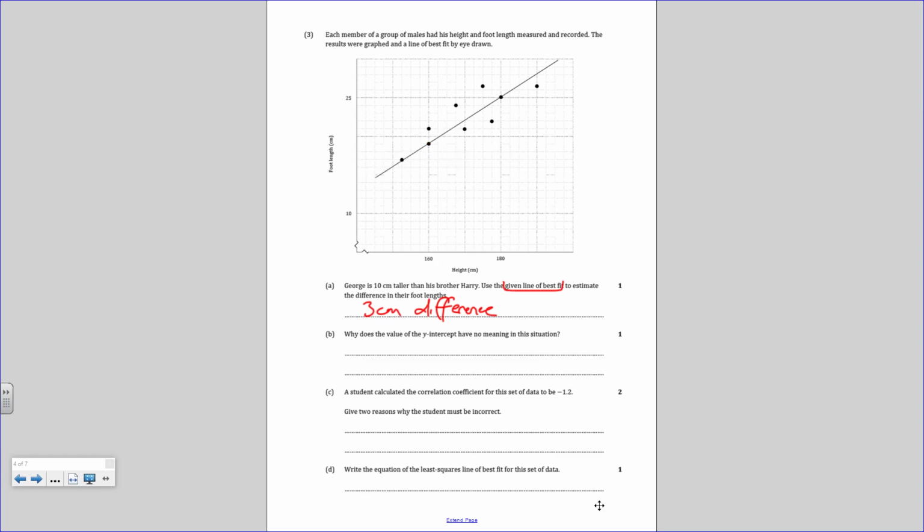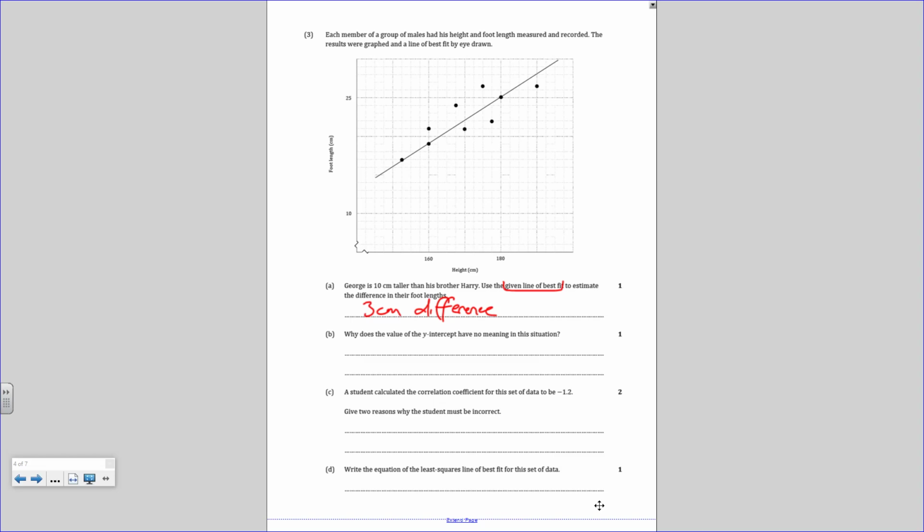If I choose here and here, again, 10 centimeters apart, 3 centimeters difference. So the idea is to make estimations without knowing exactly which dots represent George and Harry. They might not even be one of the dots. We just got to use the line of best fit. That's the whole point of line of best fit, is to interpolate or extrapolate to make estimates.